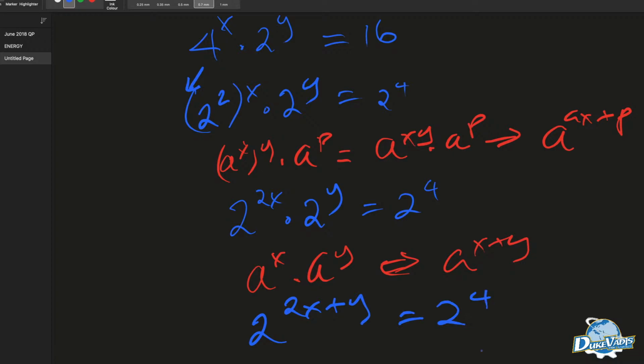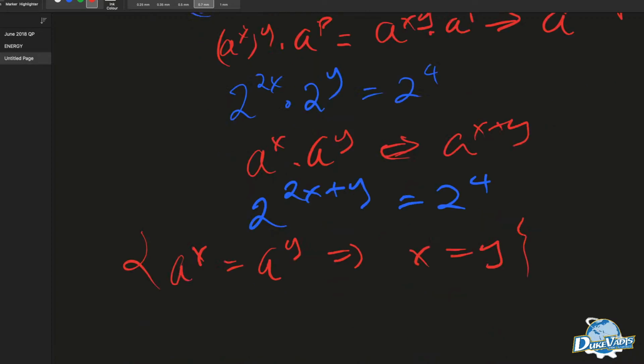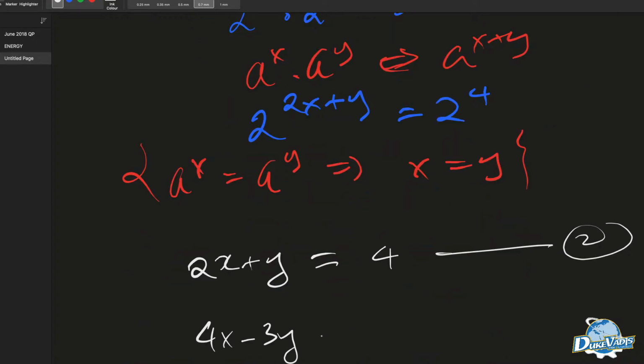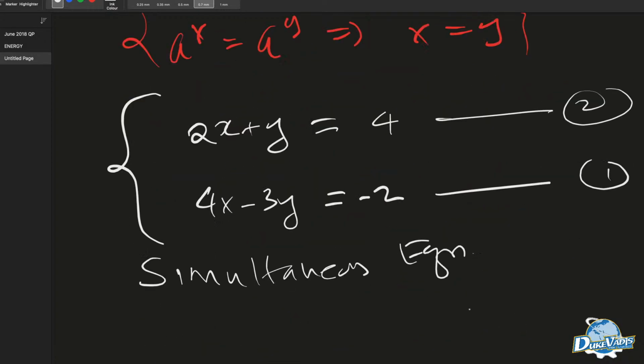Applying the same rules again, a raised to the power x equals a raised to the power y implies that x is equal to y. There's a property that we shouldn't forget at all. With that in mind, how do we solve these equations? We can solve by elimination.